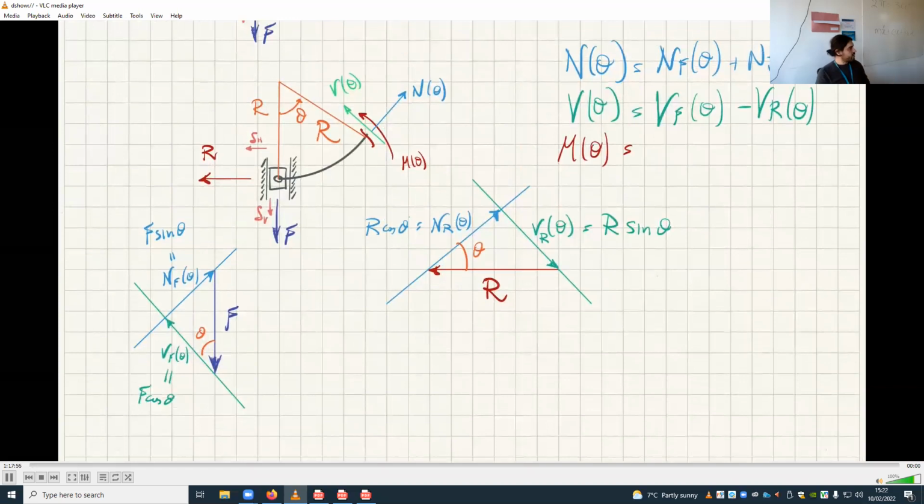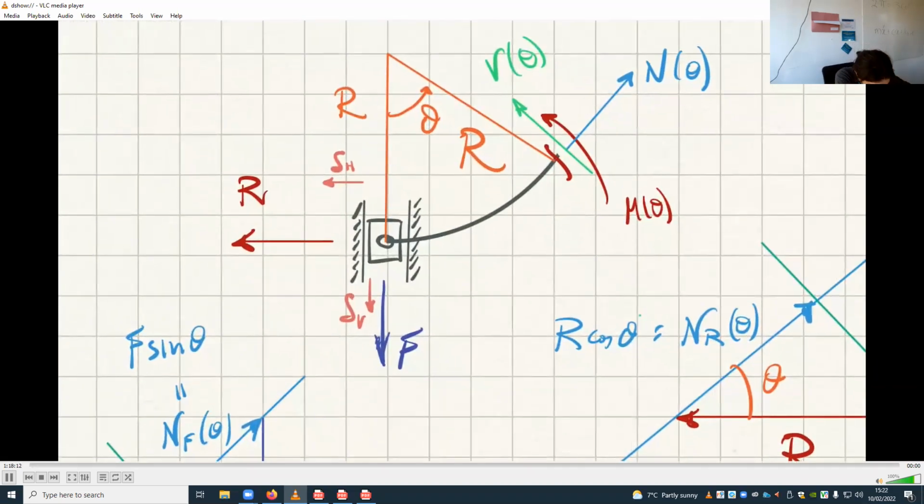M of theta, though, how much is that? How do you find M of theta? Well, it's the force times distance. Now, in this case, we have two forces, R and F. So the moment is the sum of the moment of R plus the moment of F. And let's find the moment of F with respect to this. The distance that we want is this one.